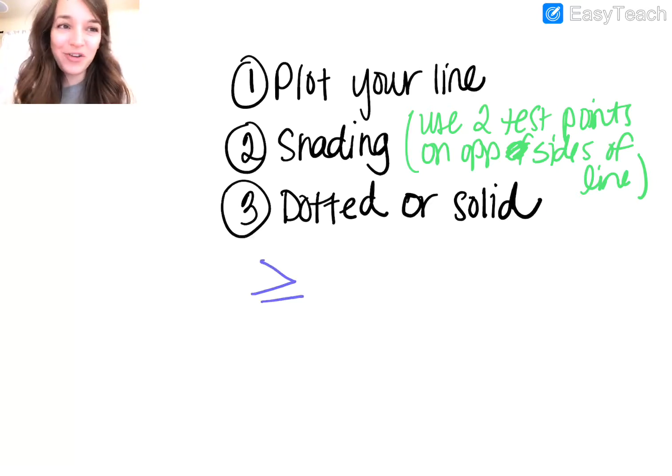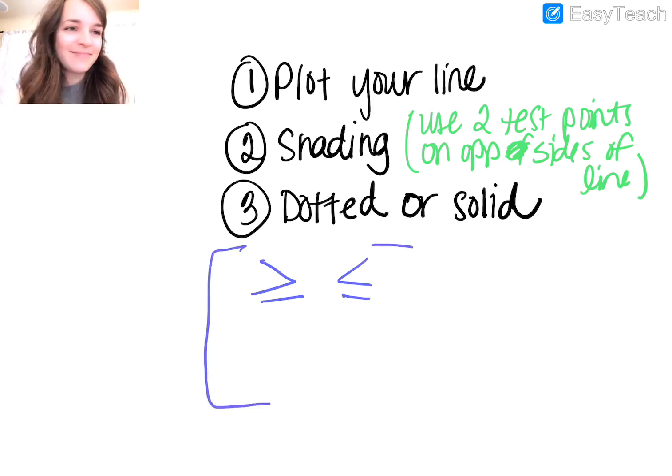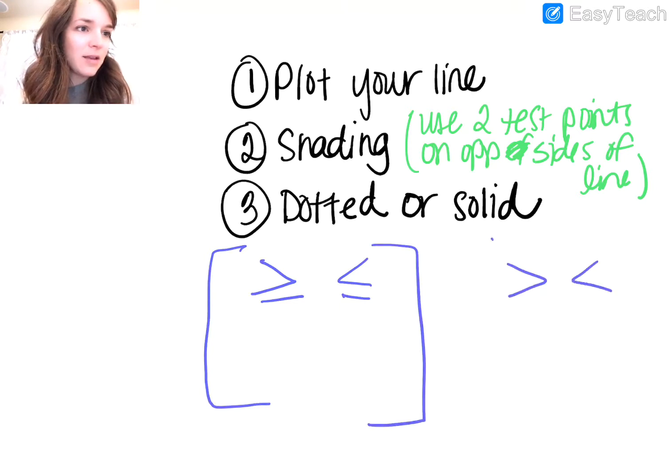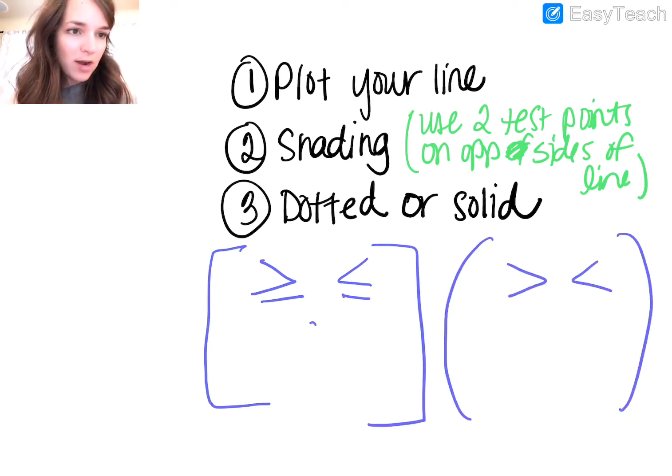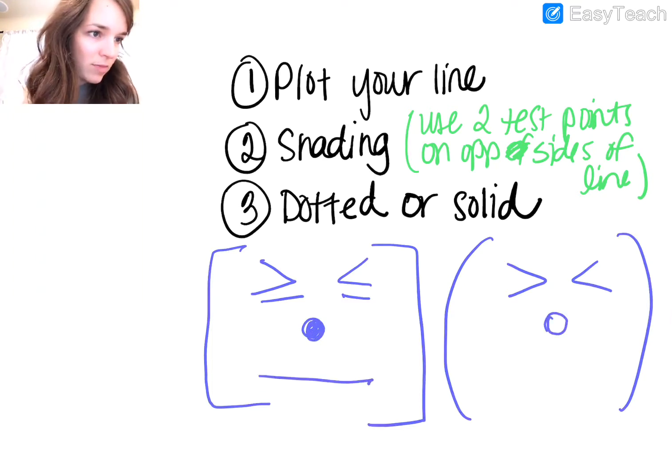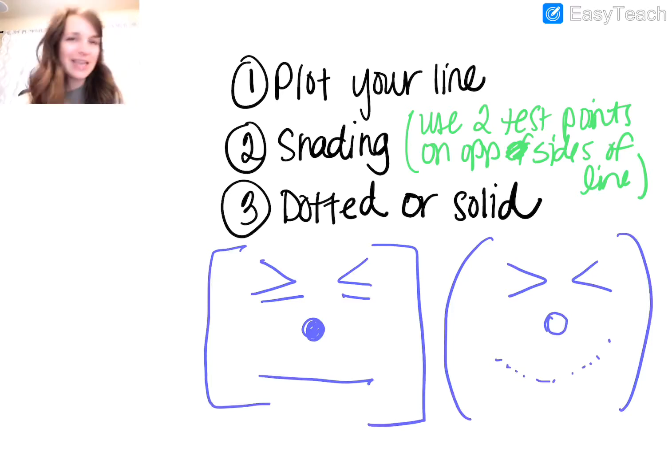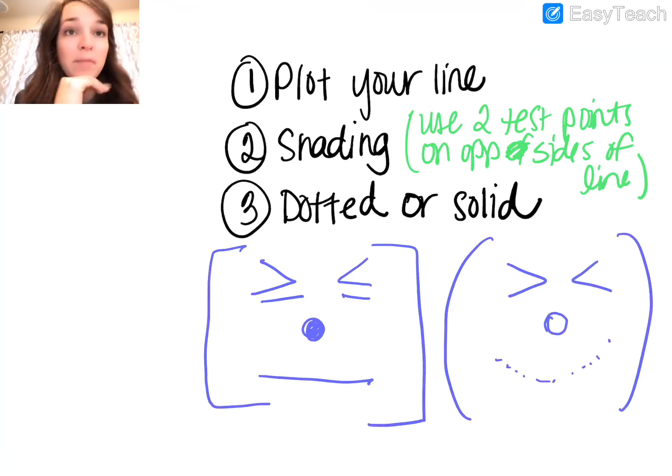And actually, I'll go ahead and show you guys my fun little tools for this. You're going to like this. I think I might have shown you all this before, actually. Probably did, so you'll probably remember. But we've got a robot and a snowman. So the robot looks like this, and the snowman looks like this. This is just to help you remember that when your inequality signs have these lines underneath them, like the robot, then your line is going to be solid, just like his mouth is. Robots don't really smile, but you get it.